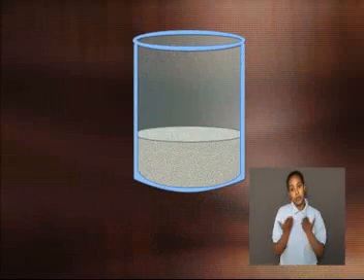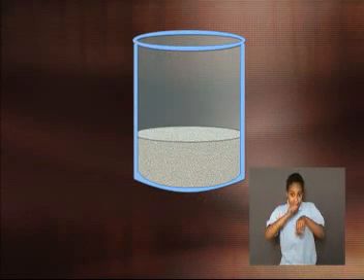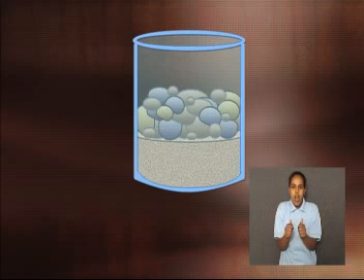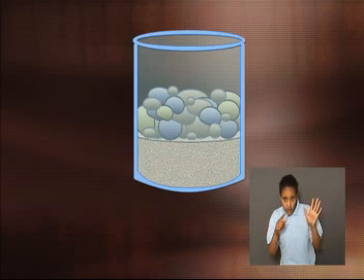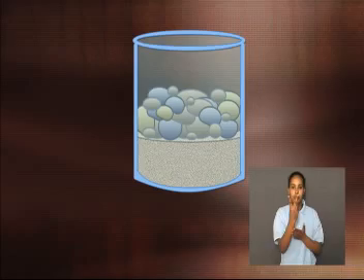If you pour some sand into a jar and then pour some stones on top of the sand, you are able to clearly see the boundary between these two components. Students, let us do a fun activity. Please draw a picture of two large jars. In one jar, draw a homogeneous mixture.